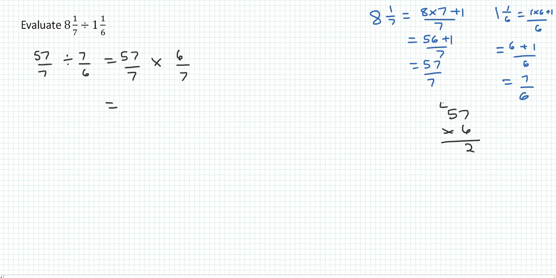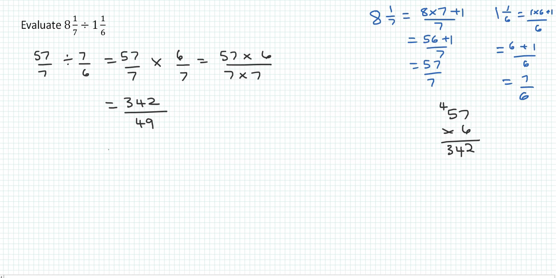We have 2. We bring 4 up here. 5 multiplied by 6 is 30 plus 4, 34. So this is going to give us 342/49. And the reason why we have that is because we multiply across in the numerator and the denominator.